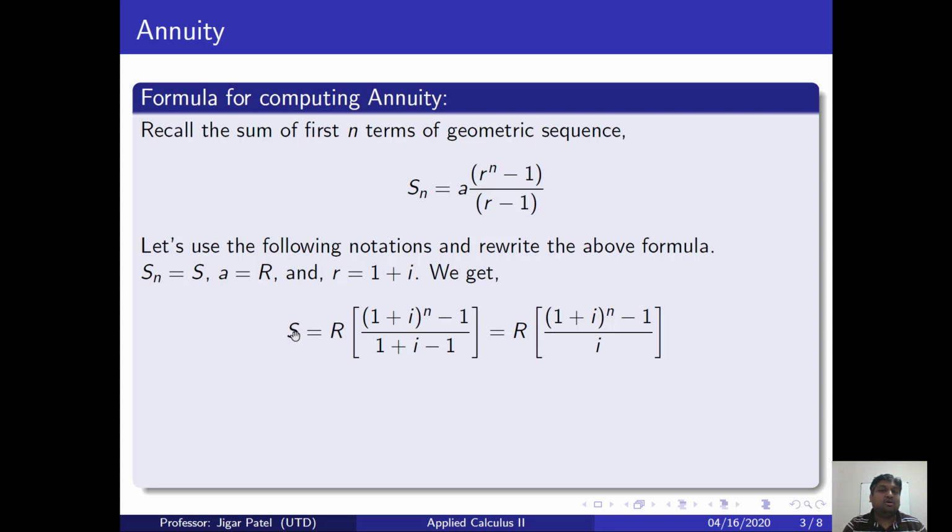We can also create examples that are a little trickier. I give you annuity, periodic payment and term, and I ask you to tell me what interest rate was charged.